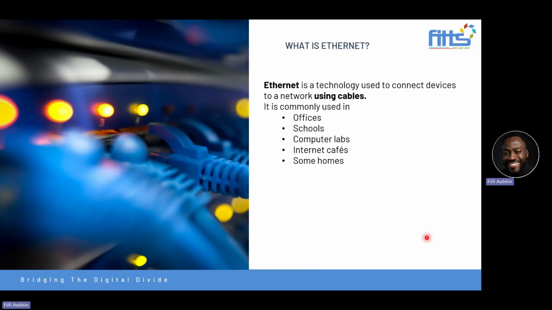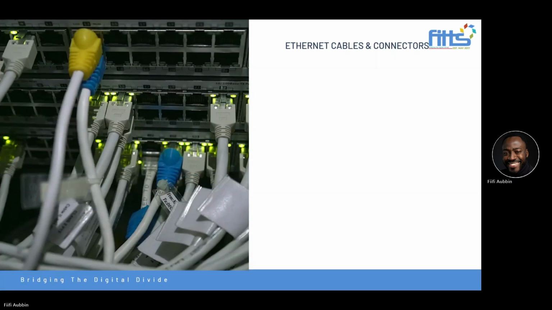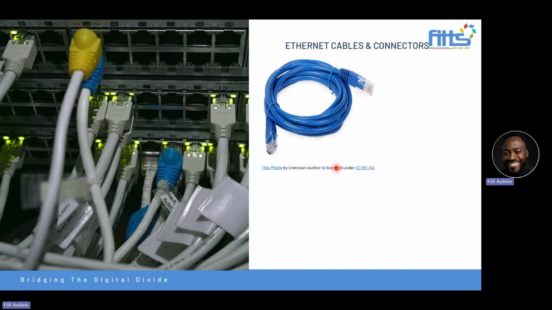Now I want us to take a look at Ethernet cables and connectors. Ethernet cables usually look similar. So this is an example of an Ethernet cable, but they are designed specifically for networking. The most common Ethernet cables are often called a LAN cable, which is local area network.